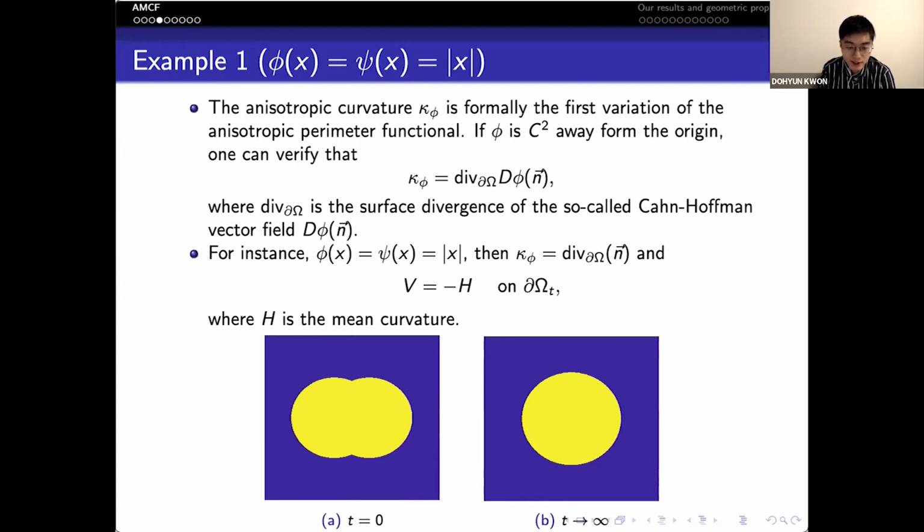In this case, the curvature is the divergence of the normal. That means this curvature is exactly the mean curvature, and this is v equals minus h. So if we add the volume pressure term here, then you see that as time goes, the union of two balls converges to a ball.